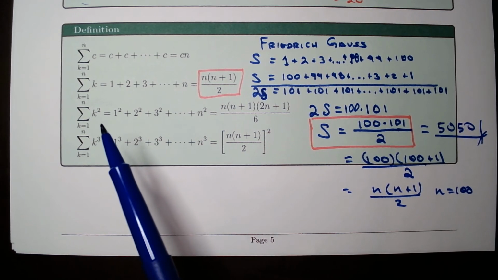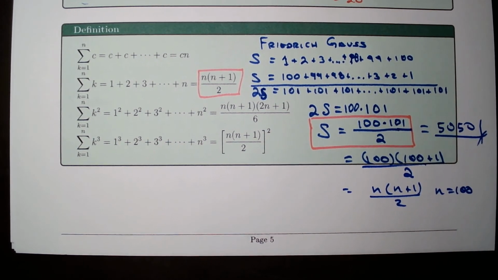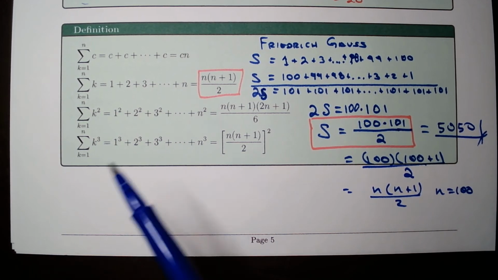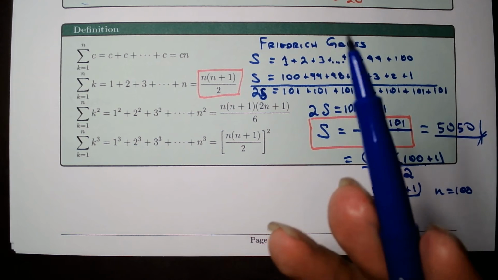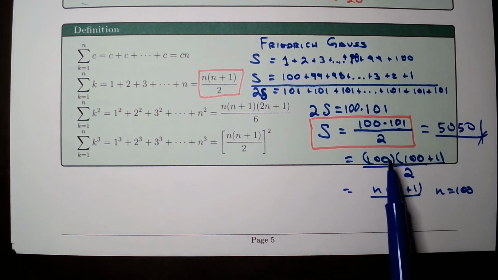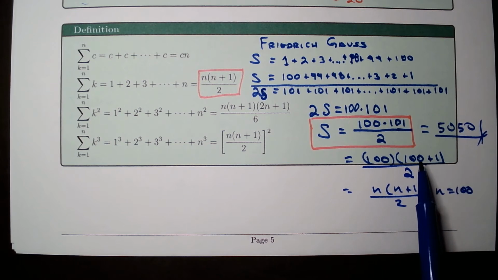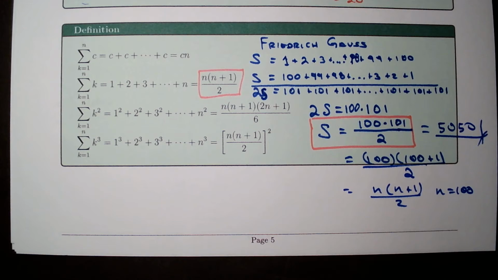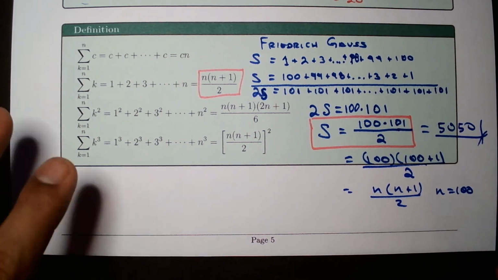For example, if you want to know the sum of the first 17 integers, multiply 17 by the next integer, which is 18, and then divide by 2. For the first 100 integers, 100 times 101, divide by 2, and that's the answer. All right, so let's move on to the examples on how we can apply this.